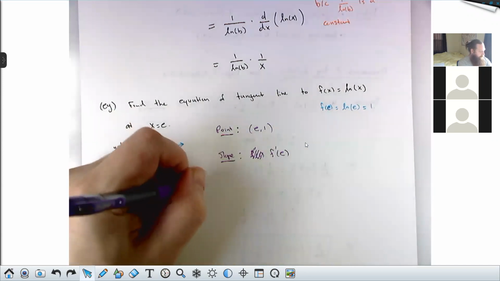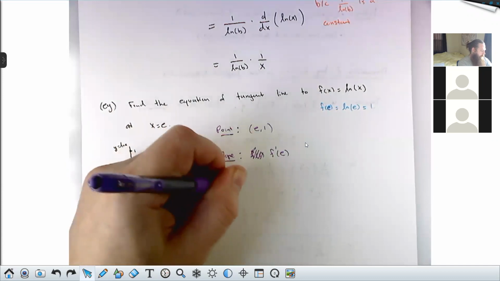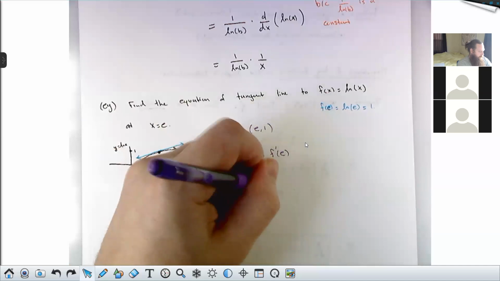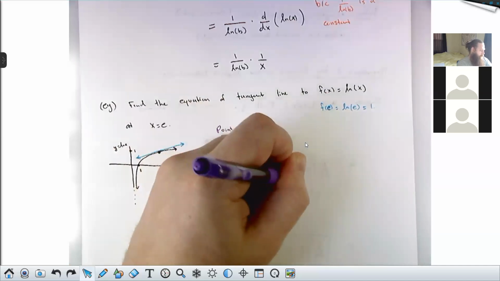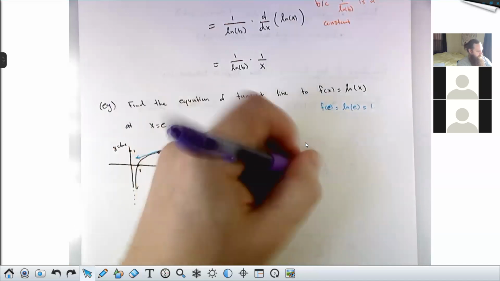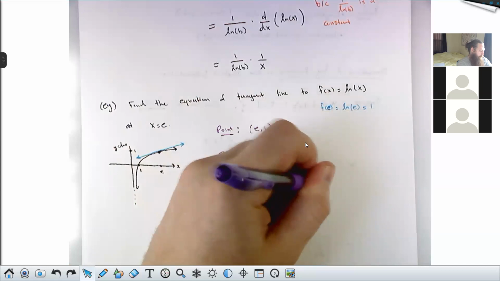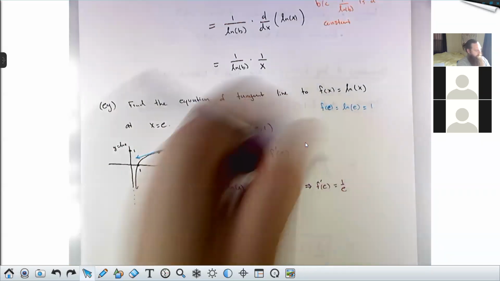I know that f of x is the ln of x, so f prime of x is 1 over x. So f prime of e is 1 over e.